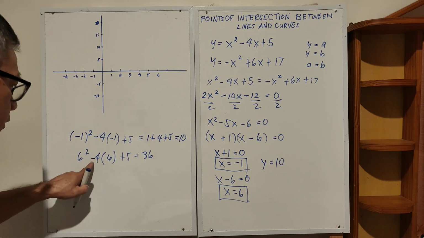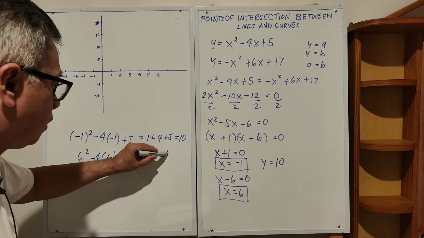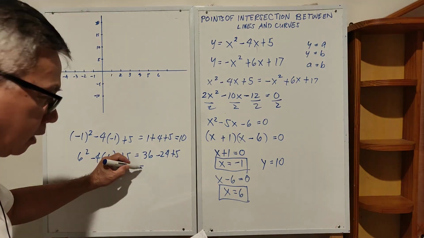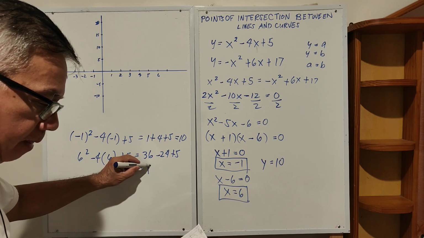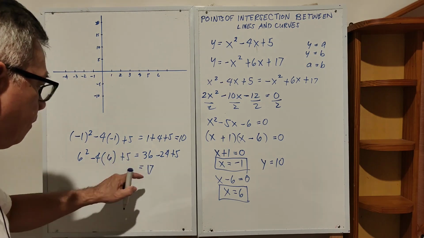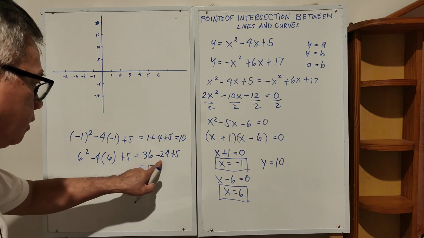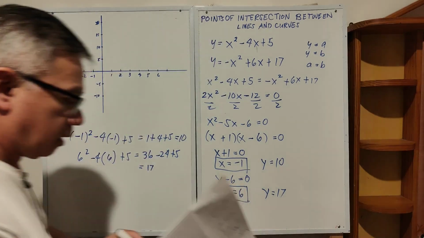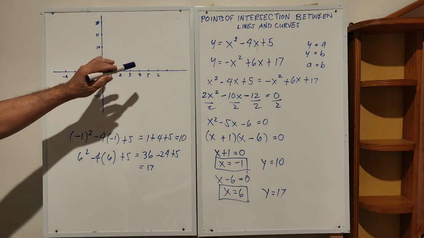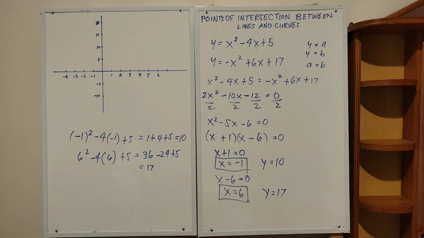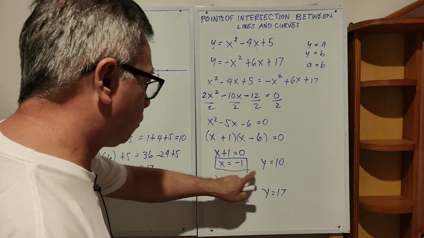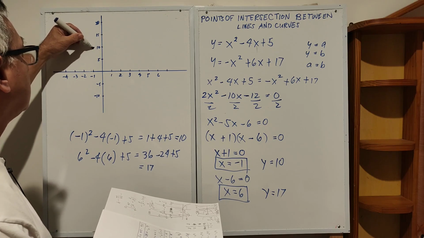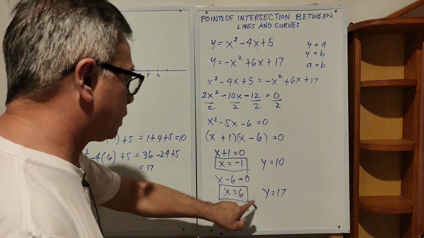Negative 4 times 6 is negative 24, plus 5, sorry, 36 minus 24 is 12, plus 5, 17. So your y is equal to 17. Even without drawing the curve, your points of intersection are negative 1 and 10, and positive 6 and 17.